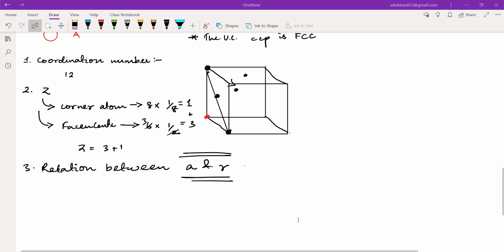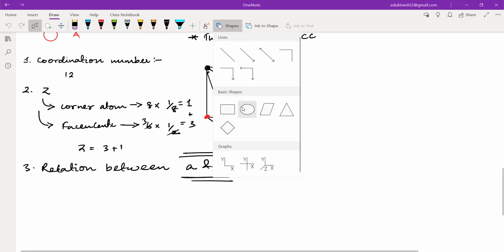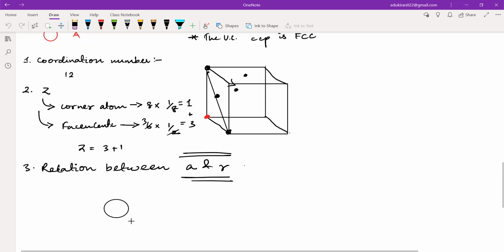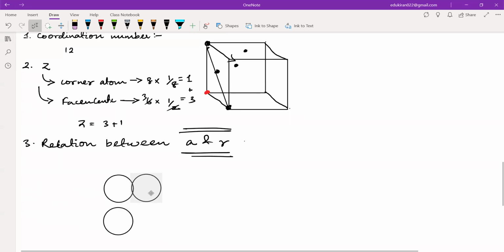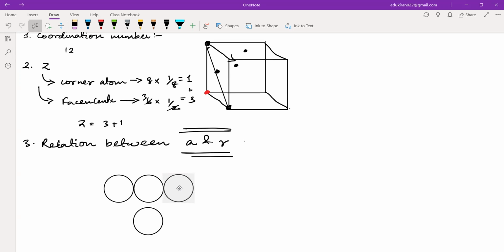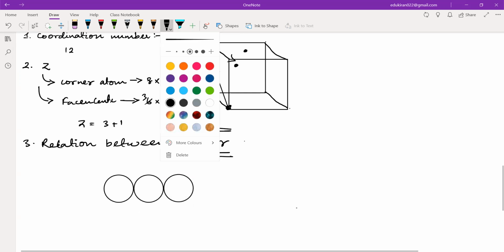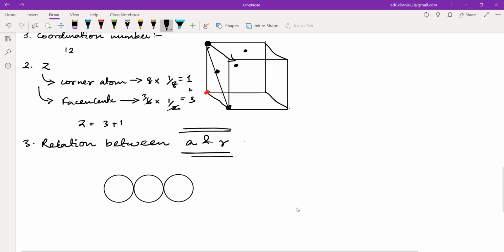So was anyone able to find out the relationship between A and R? Trying, sir. Still trying. Okay. So let me help you guys. I've represented these atoms, the corner one, the face center, and again the corner one in this manner.